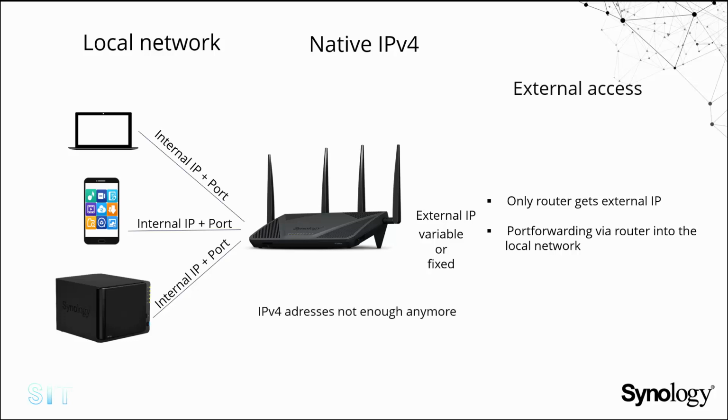Since the 90s, it is already known that there are not enough IPv4 addresses available worldwide to supply the growing number of internet-enabled devices. Therefore, the IPv6 standard was developed, which makes considerably more addresses available on the internet.